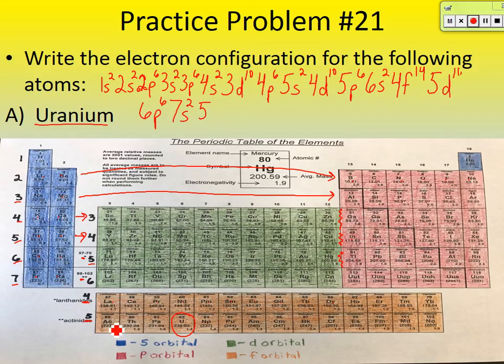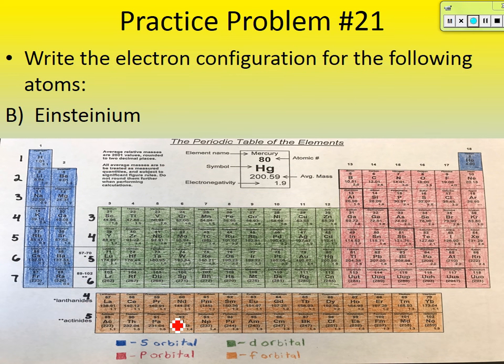This corresponds to an f orbital, so 5f. And if you count across to uranium, 1, 2, 3, 4, so I put a 4 up there. Yes, that's getting really long, but that is how you write the electron configuration for uranium. If you add up all the exponents, it should add up to 92 electrons.